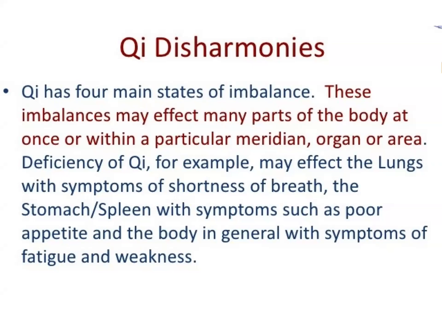These imbalances may affect many parts of the body at once or within a particular meridian, organ, or area. Deficiency of qi, for example, may affect the lungs with symptoms of shortness of breath, the stomach and spleen with symptoms such as poor appetite, and the body in general with symptoms of fatigue and weakness.